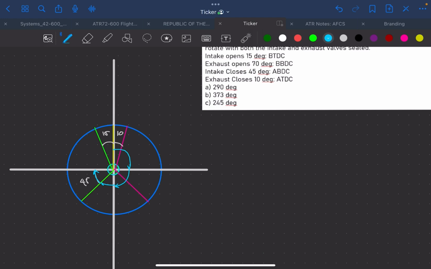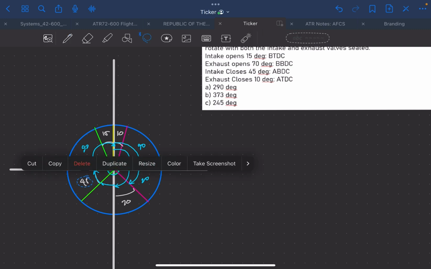It is now closed for a 45-degree turn, and even with a 90-degree turn, both valves remain closed. And during the power stroke, both valves remain closed for another 90-degree turn, and only after a 20-degree turn does the exhaust valve open. Remember, the exhaust valve opens 70 degrees before bottom dead center.